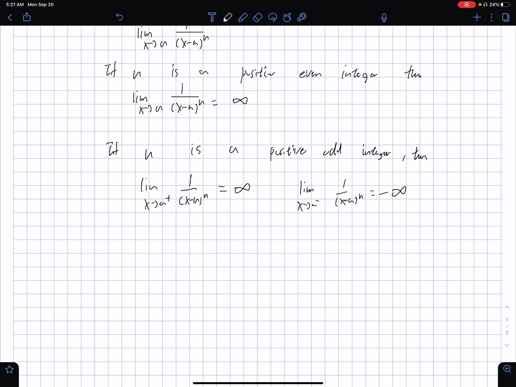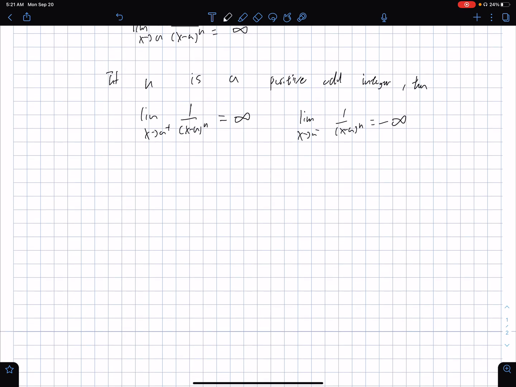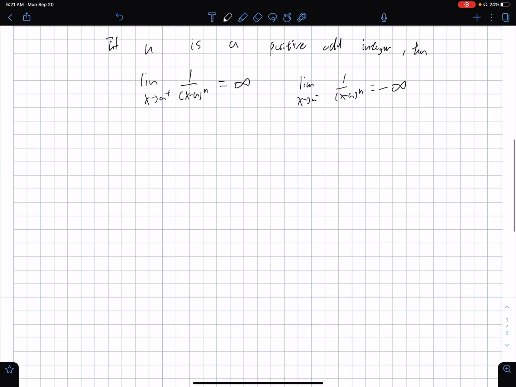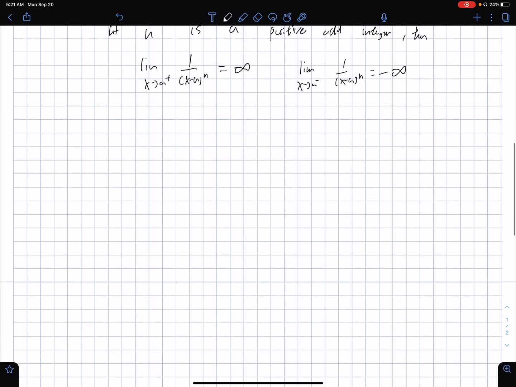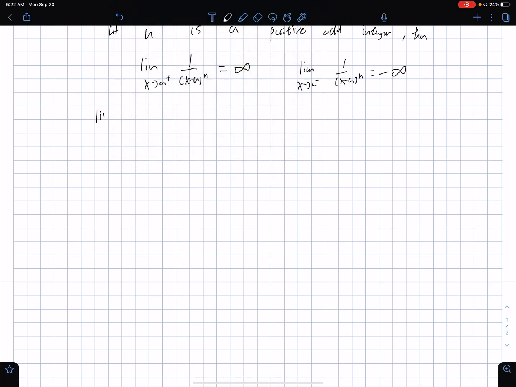And there's also another kind of expression for an infinite limit. Here I will provide an example. So say we wanted to evaluate this limit: x approaches infinity of negative 2x cubed minus 5x plus 4.